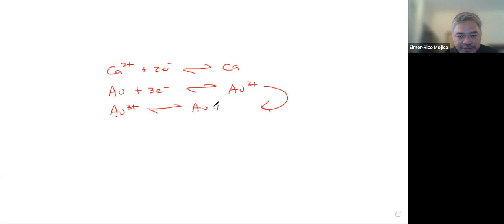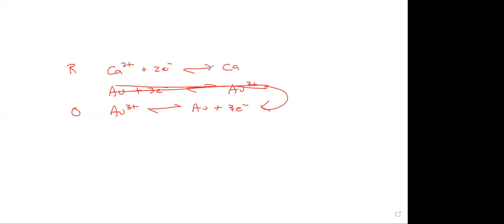Do you follow me? So this one is not the one. This is the reduction. That's the one that's oxidation. Do you follow now? Hello? Are you there? Yes. Okay.